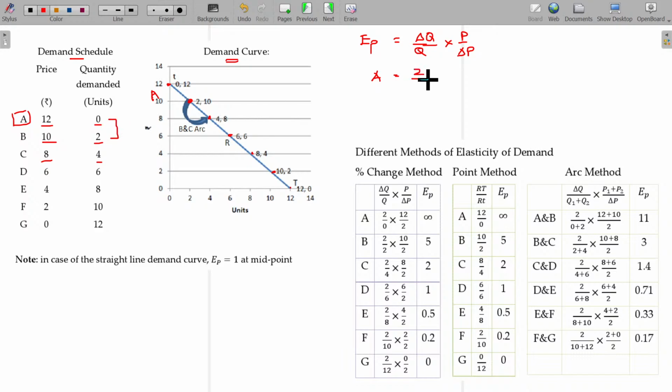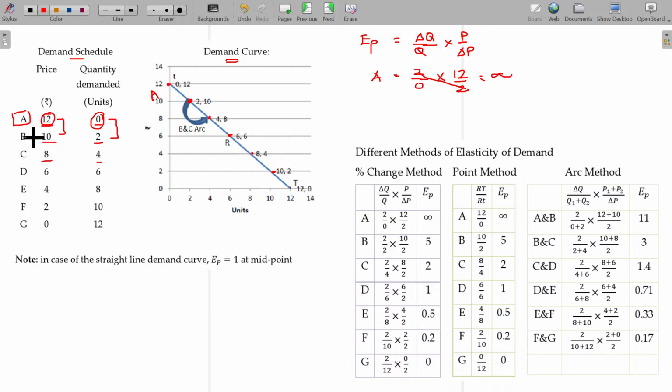So in numerator 2, existing quantity being 0, multiplied by price by change in price. Price is the base price. If we talk about the point A, then the price applicable at that point will be taken as a base, and it moves to 10, which means there is a change by 2 rupees. So in numerator 12 and denominator 2. So the answer being 12 by 0, what's that? Infinity.